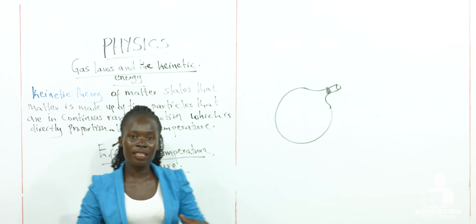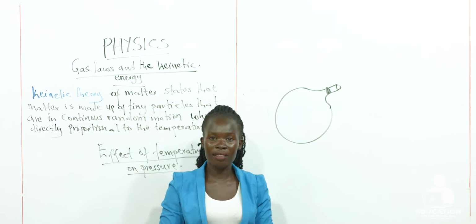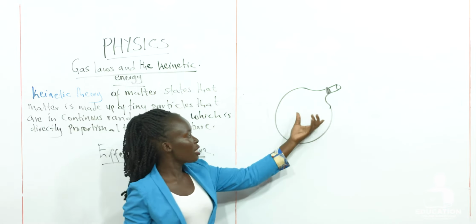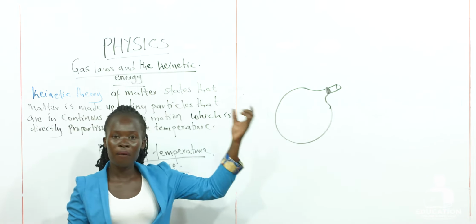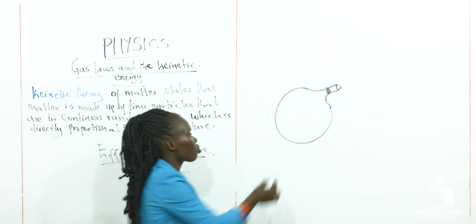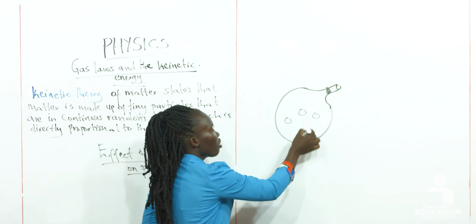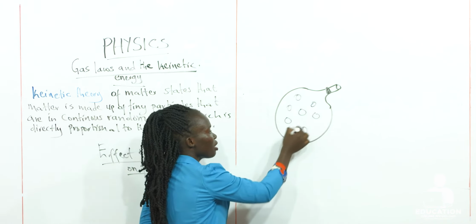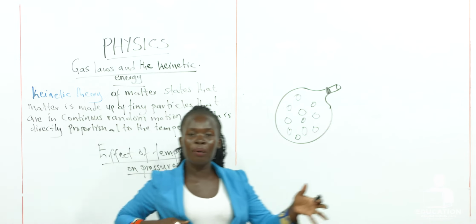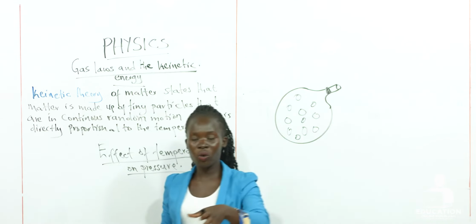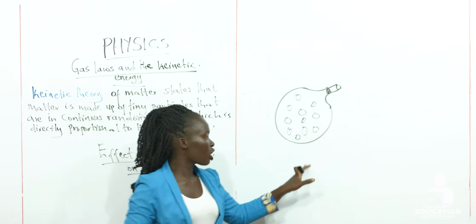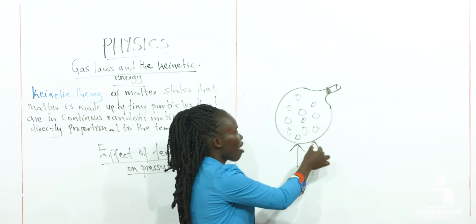But take it under the sun, and the air you blew inside this balloon has tiny particles. It is also matter. So these tiny particles collide with each other. They do not just remain stuck like the particles in solids. The particles of gases move from one point to another. So putting it under the sun increases the temperature around the balloon.